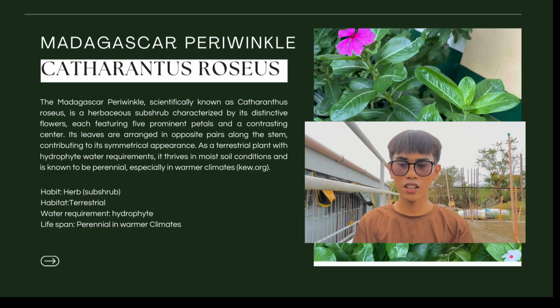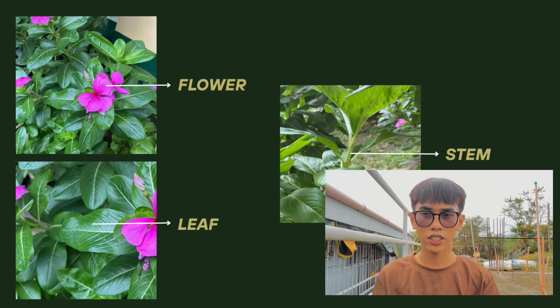Madagascar periwinkle, scientifically known as Catharanthus roseus. This plant is a herbaceous subshrub that is well known for its attractive flowers. Each flower usually has 5 distinct petals with a contrasting center, giving it a very neat and symmetrical look. Its leaves grow in opposite pairs along the stem, which also adds to its balanced appearance.